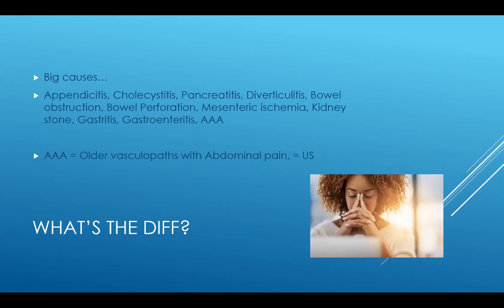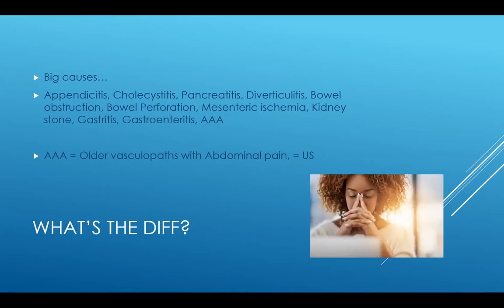However, there's some that we have to be really good at working up. And these are as follows: appendicitis, cholecystitis, pancreatitis, diverticulitis, bowel obstruction, bowel perforation, mesenteric ischemia, kidney stone, gastritis, gastroenteritis, and a triple A.